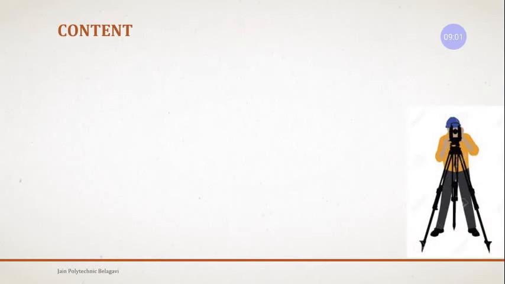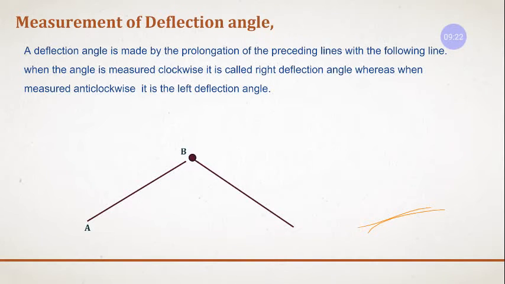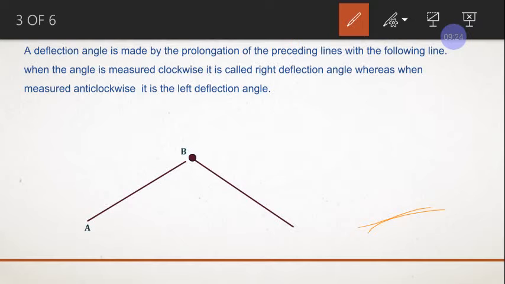First you are going to set up the preceding line, then comes the following line. This is station B, the point where you are going to set up your theodolite. Then the following line, this will be your point C, right?